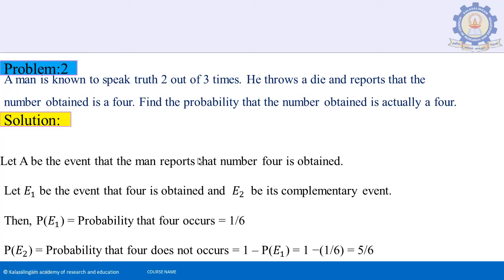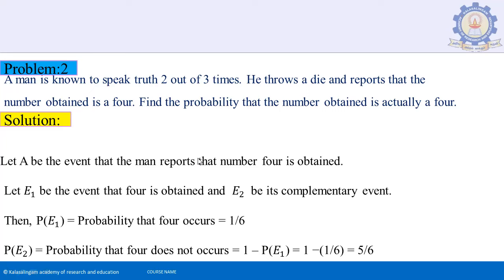So here a man, out of 3 times, only 2 times he will speak the truth and 1 time he will speak an error. Let A be the event that the man reports that number 4 is obtained. Let E1 be the event that 4 is obtained and E2 be the complementary event, he is telling a lie.